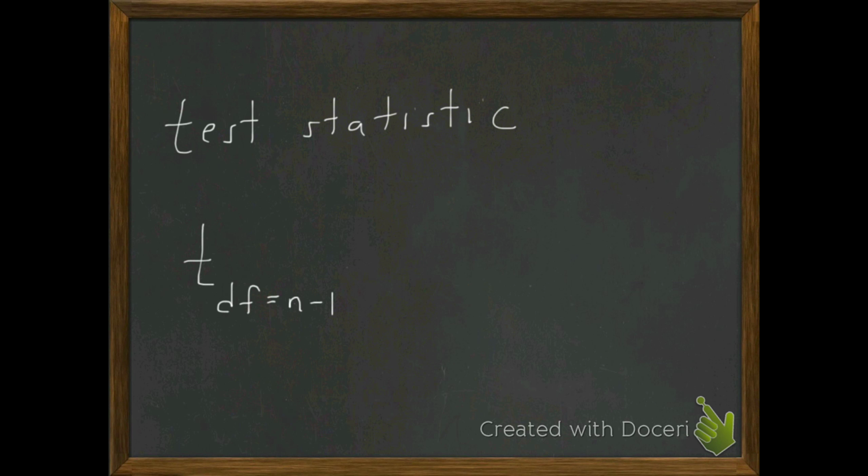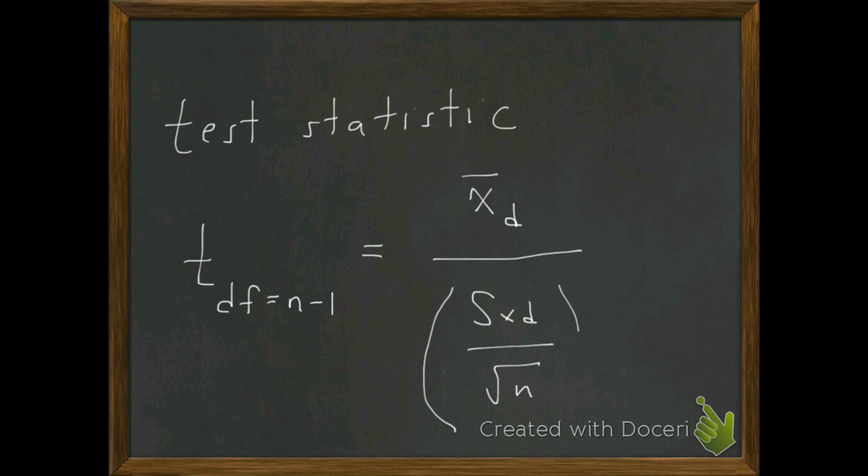Next thing is the test statistic. Guys, we have a test statistic, degrees of freedom n minus 1. And this is the sample mean of the differences divided by the standard deviation of the differences divided by the square root of n.